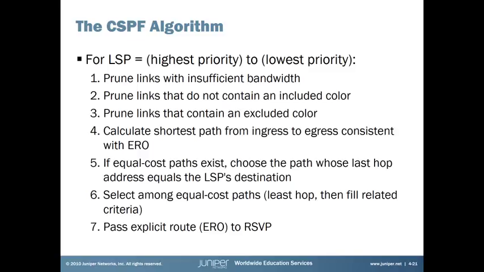We'll get into the fill related criteria, which is used as a tie-breaking mechanism. So once it finally comes up with one path, it will then pass this explicit route object over to RSVP, and RSVP will then use that to go ahead and signal the path. Okay, so that is kind of the process of CSPF.